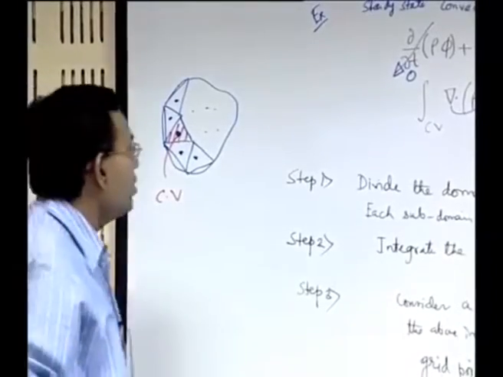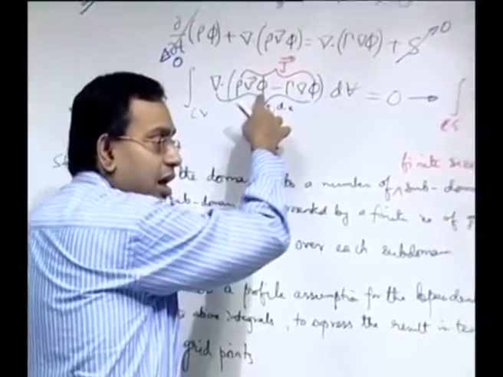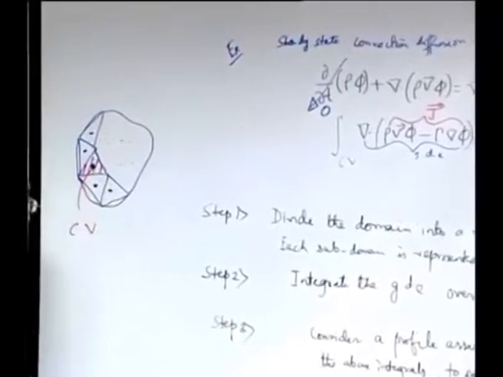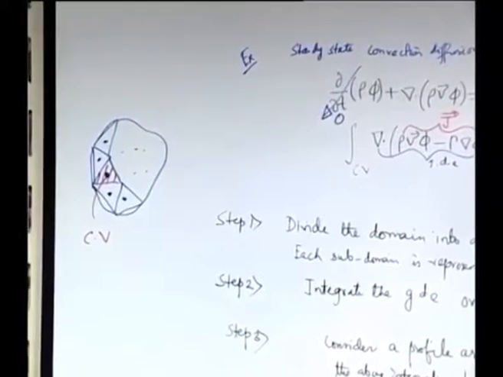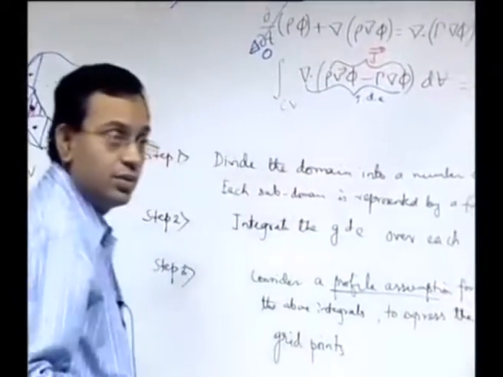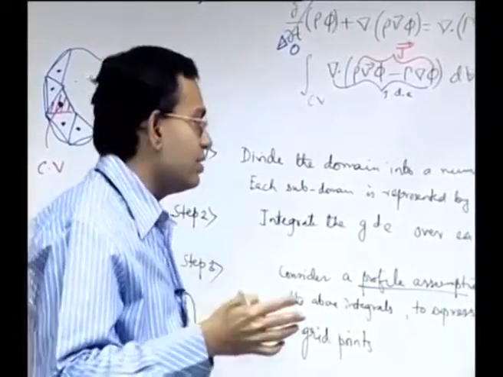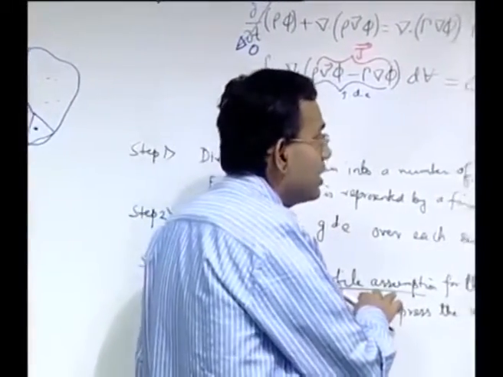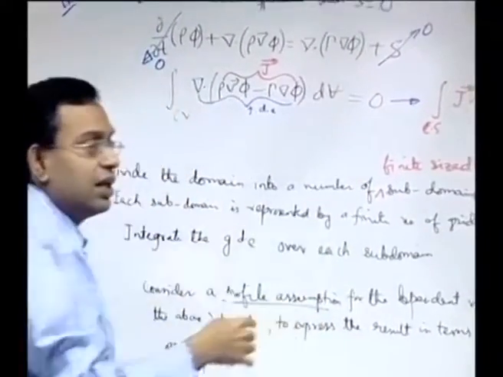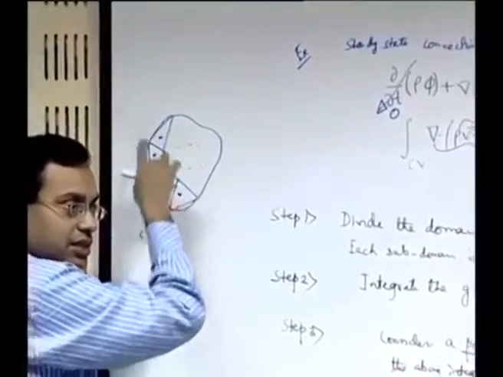So now you have to express the phi appearing here as a function of the values of phi at these discrete grid points. So you require a profile assumption. Profile assumption means interpolation function, so phi as a function of position. If you choose that interpolation function, then you can substitute and integrate it, and once you integrate it you will get the result as a function of phi at the discrete grid points.